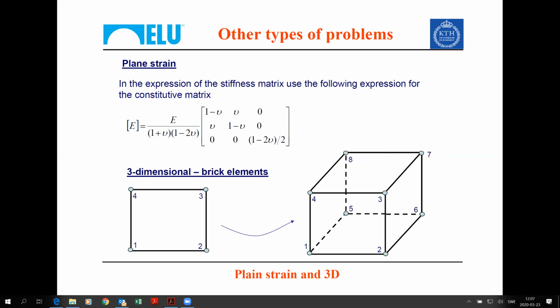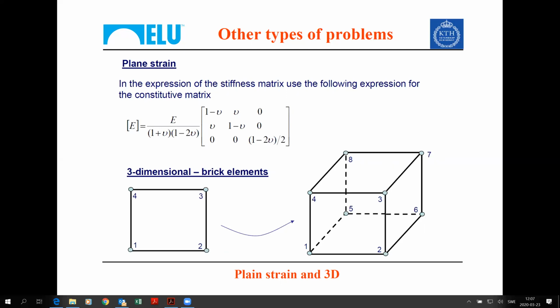What happens if we have volume elements? We simply add an extra direction. So we simply put the sigma z and the taus that are missing, and we get three-dimensional brick elements. The extension is very well presented in the book. It is absolutely trivial.